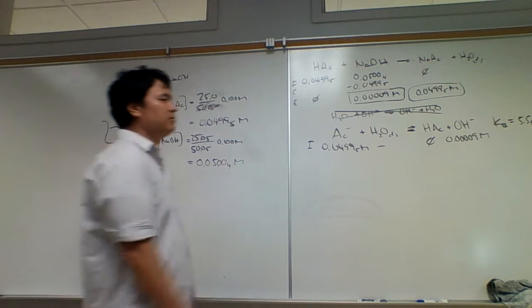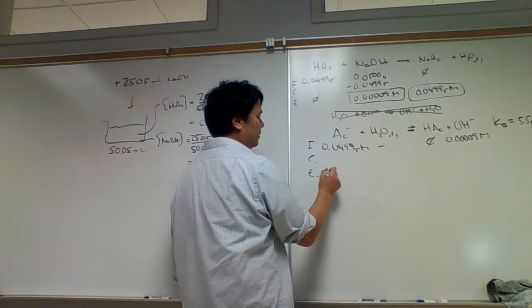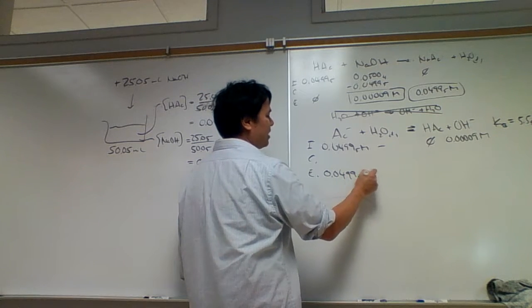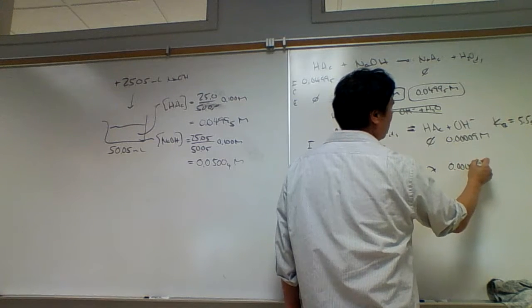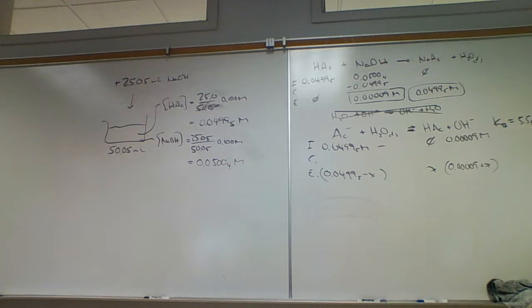So this is the common ion effect. This is going to inhibit hydrolysis here. And so at equilibrium, we're going to expect 0.04995 minus x, and 0.00009 plus x. So Kb is going to equal x times 0.00009 plus x divided by 0.04995 minus x.